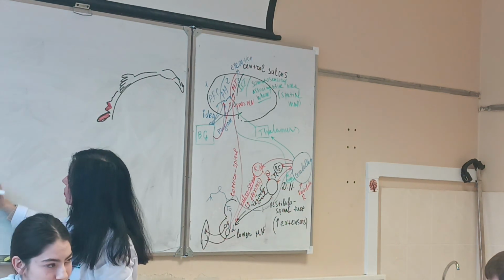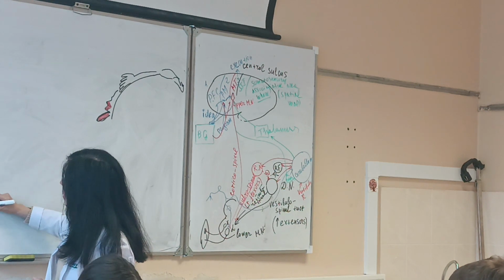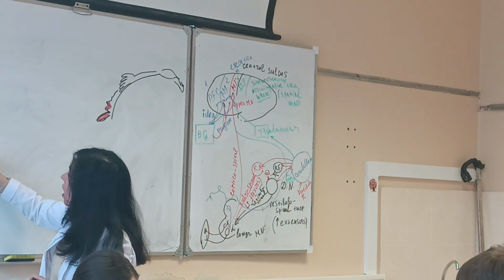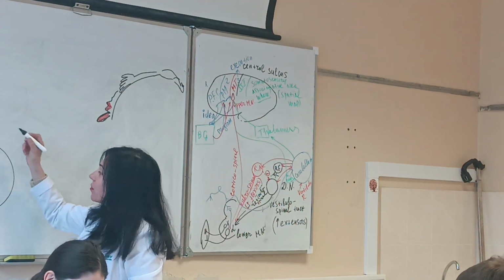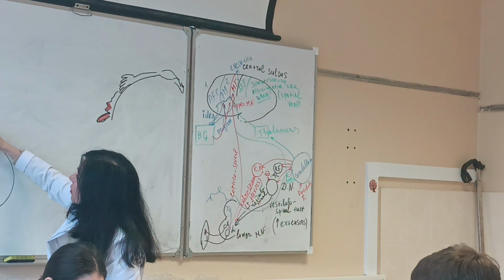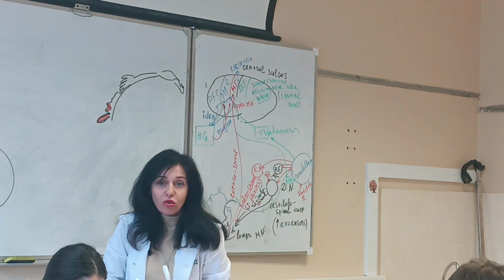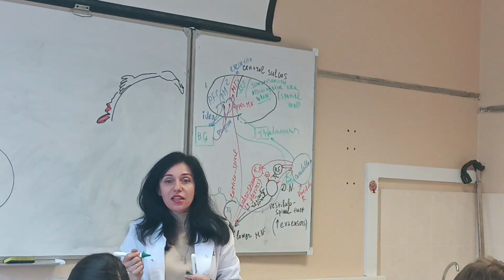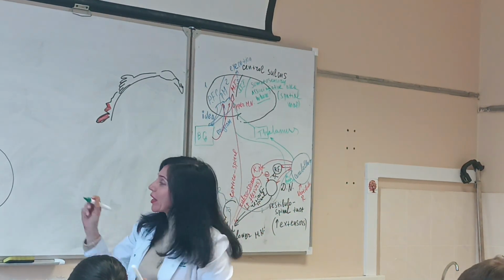Gray marker. What is around? White matter, white marker. And this tract is called dorsal columns. Do you know nucleus gracilis, nucleus cuneatus?